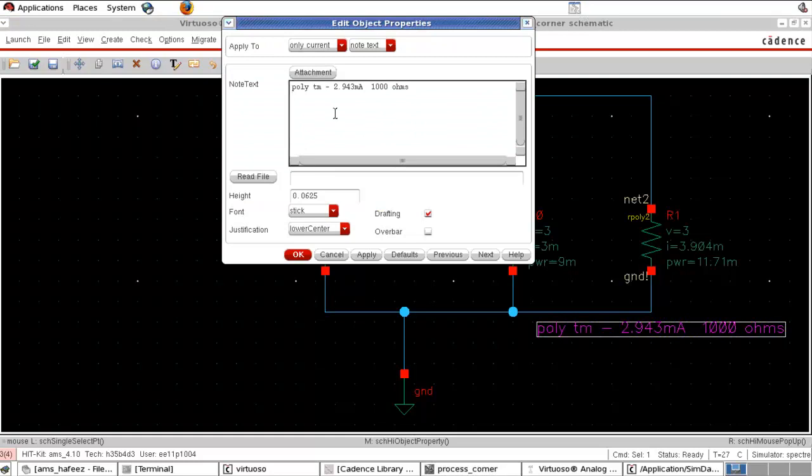So again, poly in the typical model, now poly in the worst power model, we got 3.904 milliampere, and the resistance value we got is approximately 770 ohms.